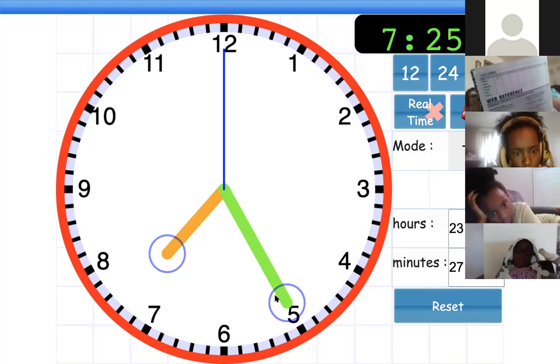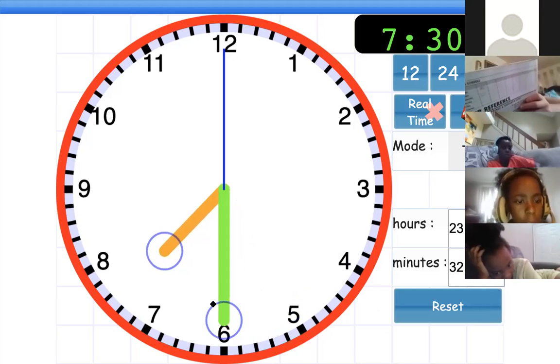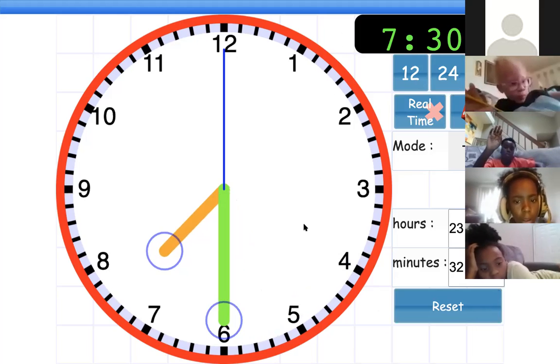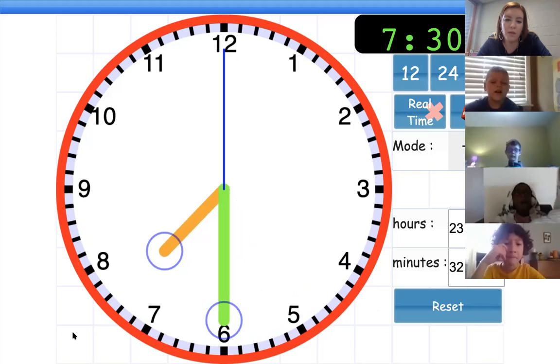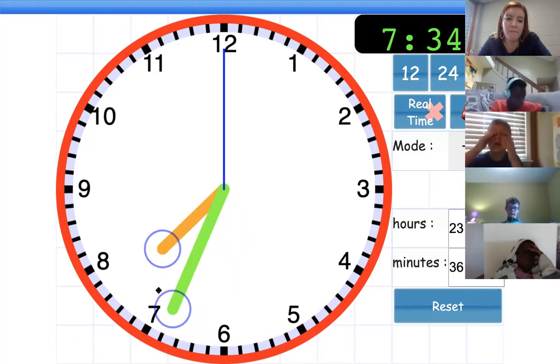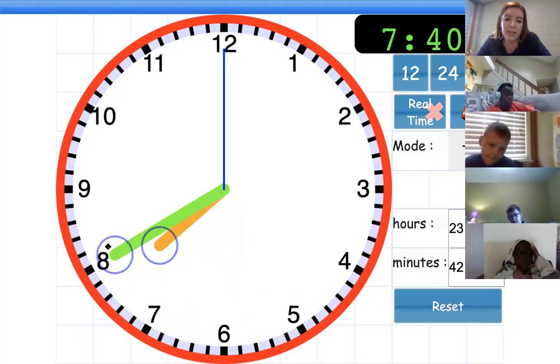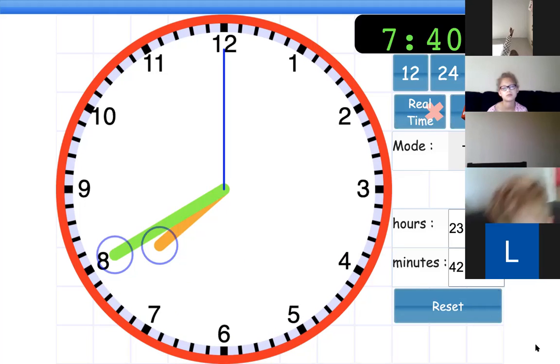What does the 5 represent? 25. All right, what does the 6 represent? Go ahead, Kevin. 30. And then Gabe, I saw your hand. What does the 7 represent? 35. And the 8 represents? Kamaya? 40.